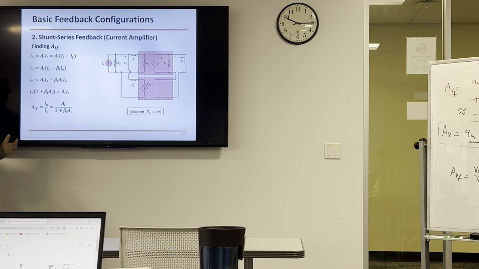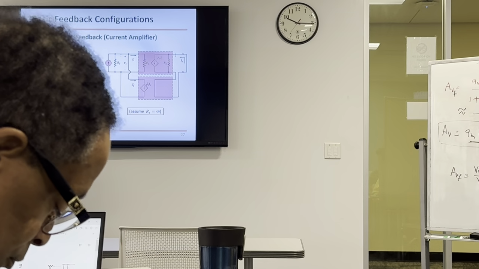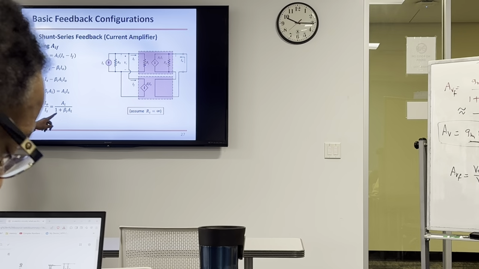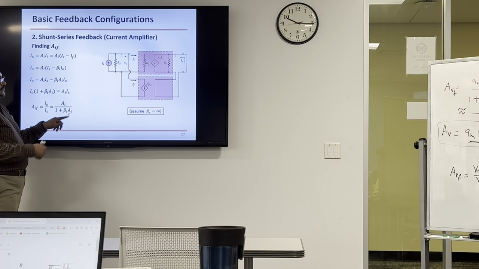Then you have an equation that links I out and IS. All you need is to rearrange, making I out on one side and IS on the other side. If you do that and solve for I out over IS, this gives you AI divided by 1 plus beta I times AI. The same concept. The gain after feedback is the same as the gain before the feedback divided by the amount of feedback. And the amount of feedback is 1 plus the loop gain, beta times A.